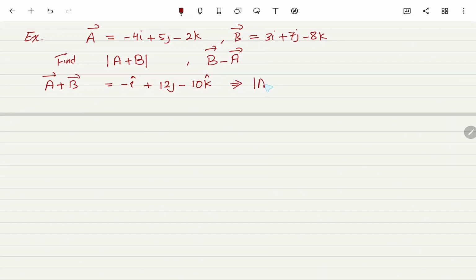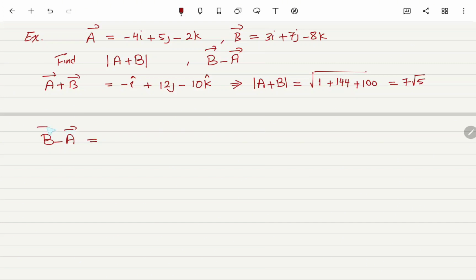Now the magnitude of a plus b is equal to square root of 1 square, just 1, plus 12 square, 144, plus 10 square, 100. So it is equal to 7 square root of 5.